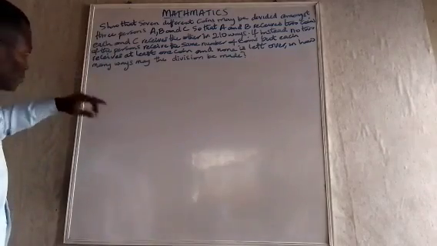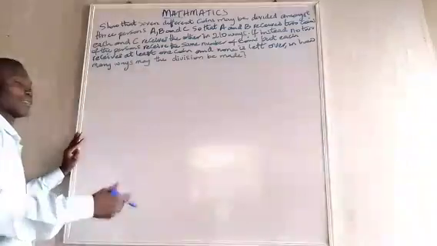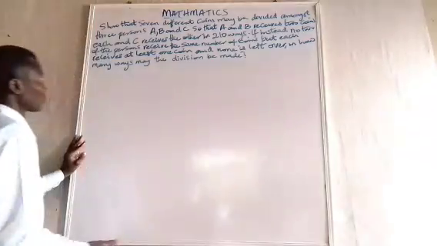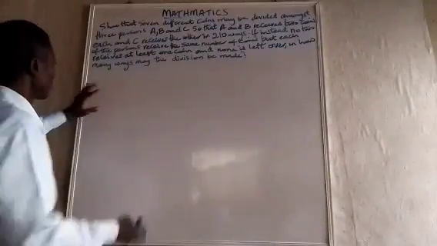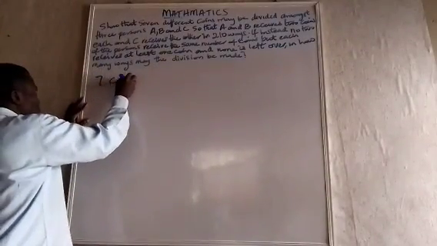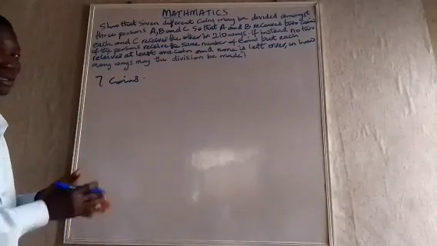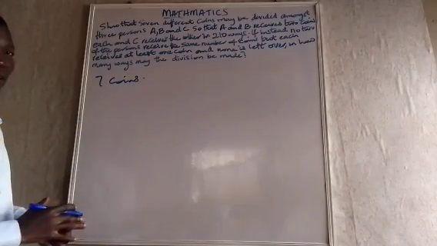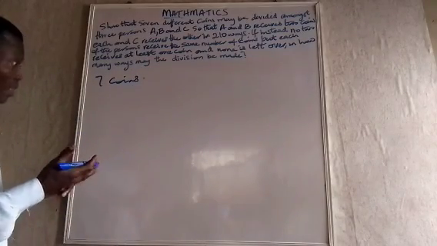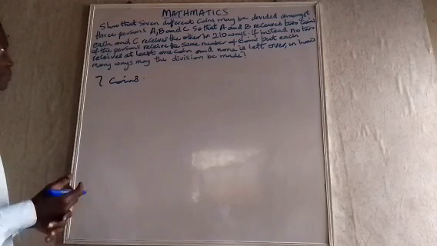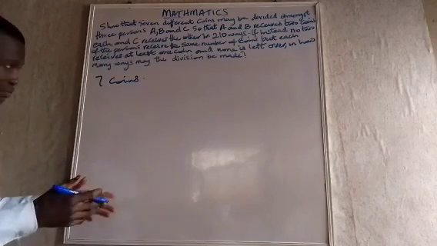Now, let's see how it will be. Just like when we are saying, okay, this one collects 1, this one collects 2. So, if we have 7 coins, I want to divide it among them. If A collects 2, the remaining for B will be 5, and the remaining for C will be 3.